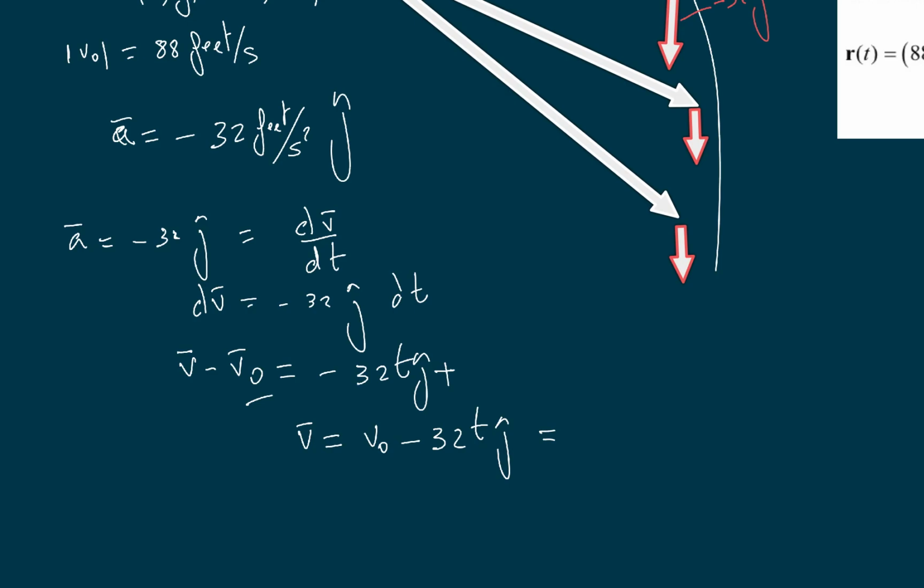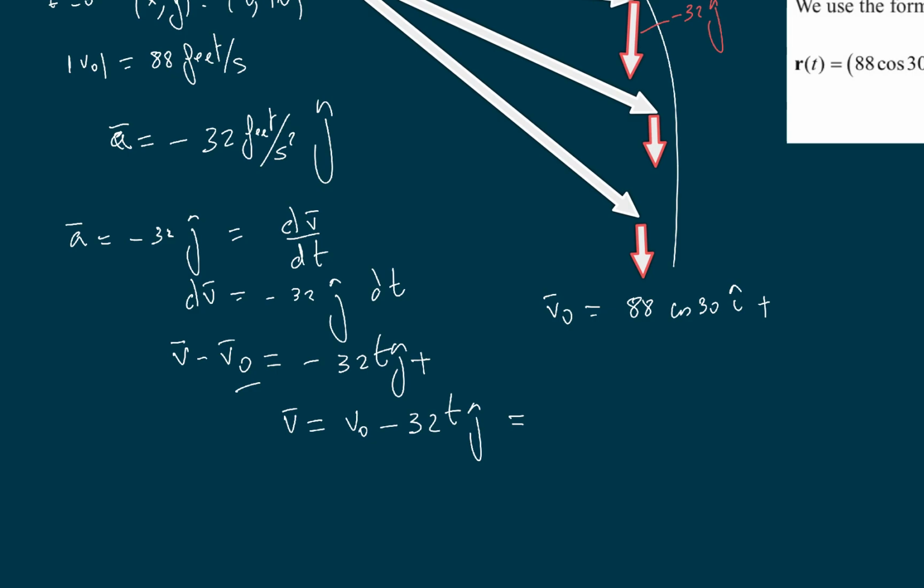The x component will be 88 cosine of 30 in the i direction, plus, in the j direction, the vertical velocity.